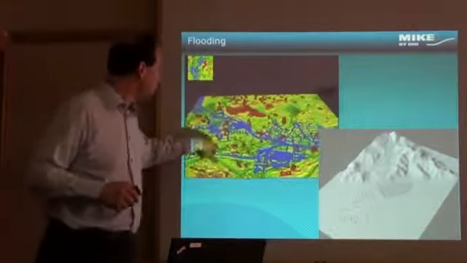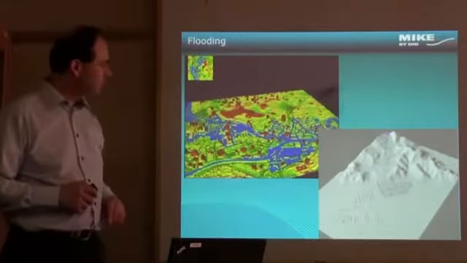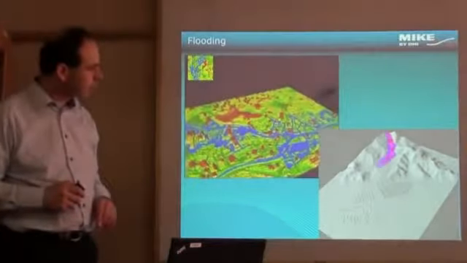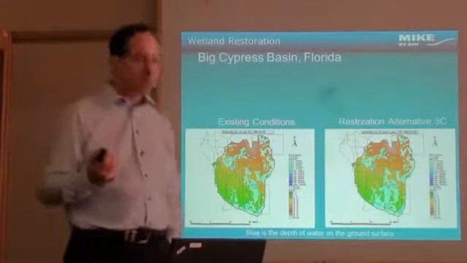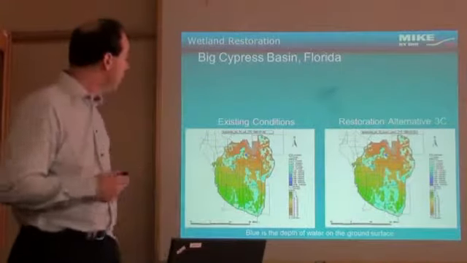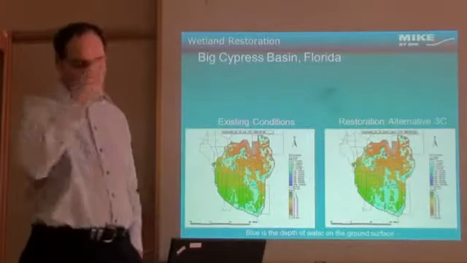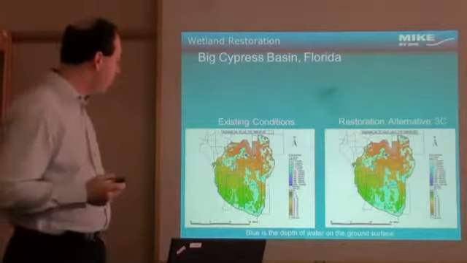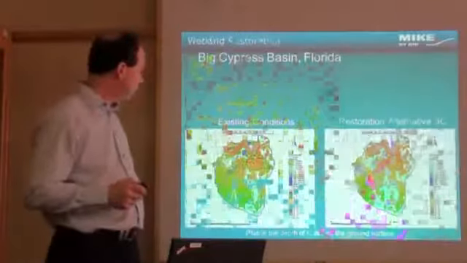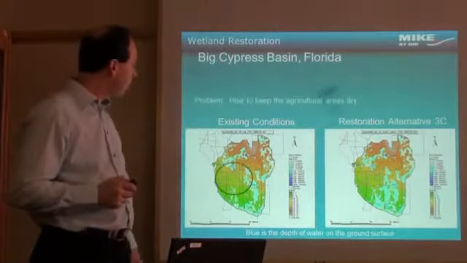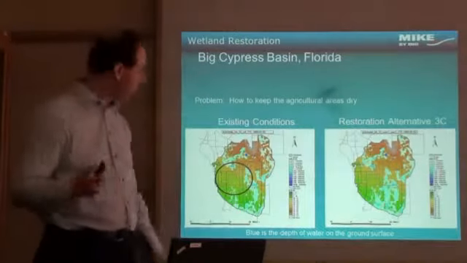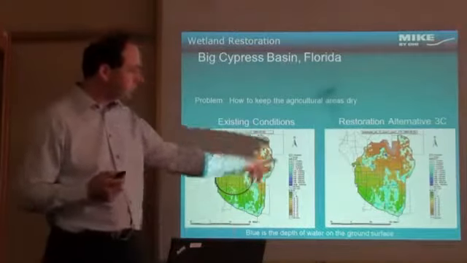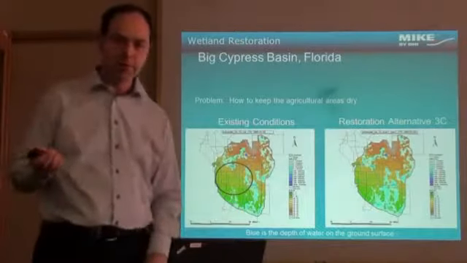So this is actually a Mike Flood model of an urban area, and this is another Mike Flood model. Now, one last example of a Mike SHE model where flooding plays a critical role is an example in the Big Cypress Basin in Florida, where we're trying to map out land use changes and how they affect flooded areas, because what we're trying to do is restore wetland in these areas.